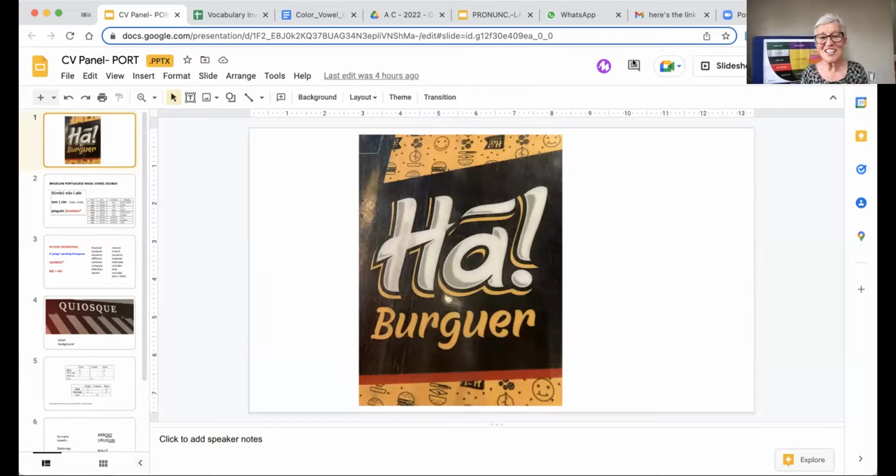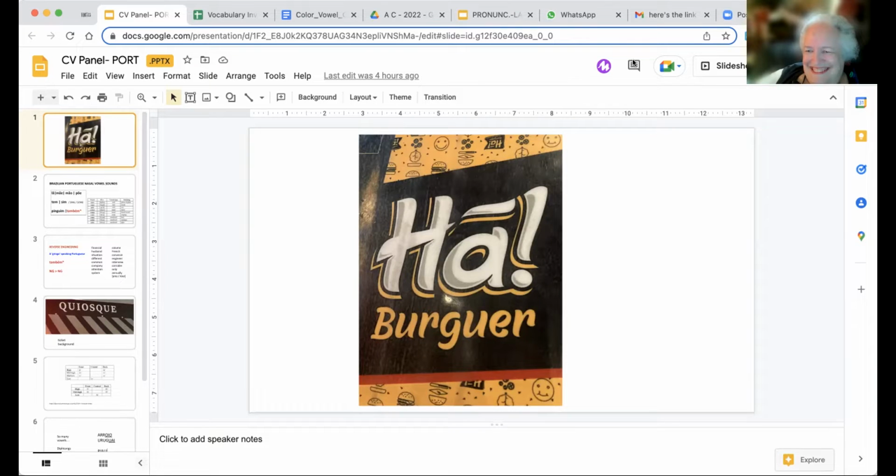This is a picture I took just recently when I was in Brazil over the spring break. That was a sign of a little joint at a beach. And I said, oh my gosh, this is super cute. An English speaker would not have any idea why they were so cute with their sign to say hamburger.